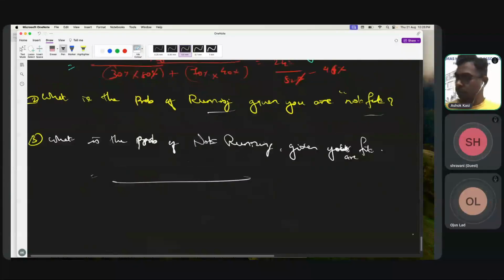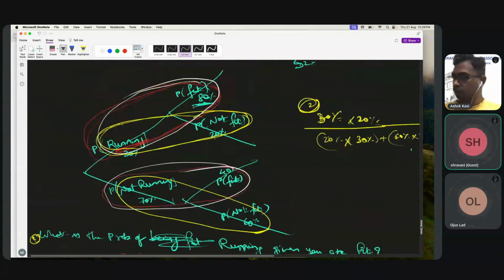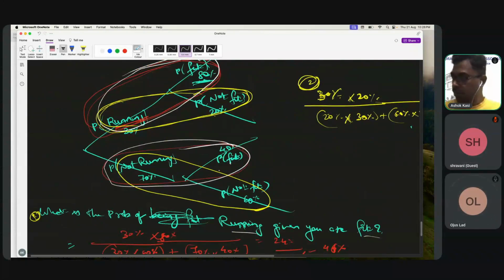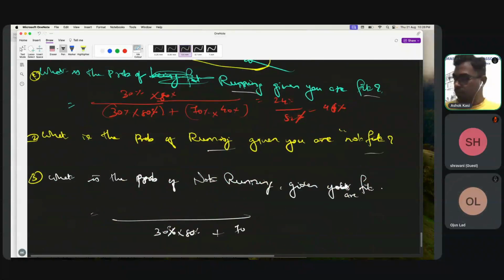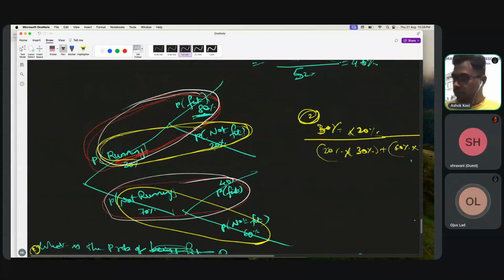So 30 into 80 or 70 into 40. And then the probability of not running: not running will come here, so 70 and 40%.